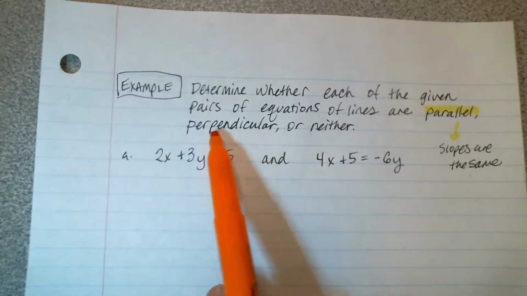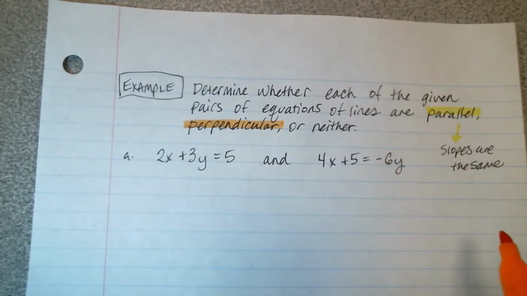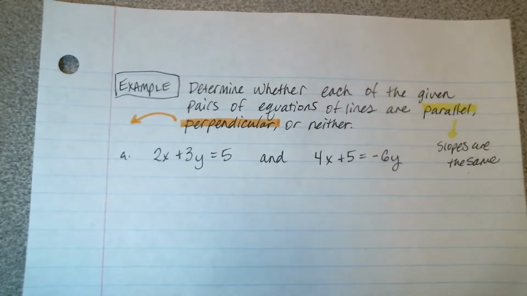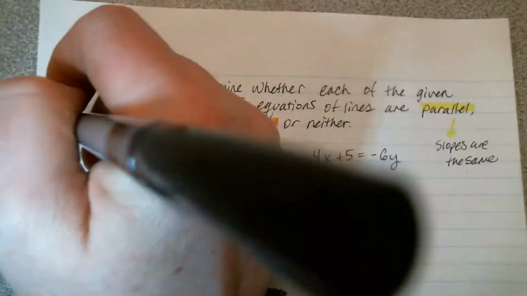Now, for two lines to be perpendicular, those two lines have to have somewhat opposite slope. And here's what I mean by opposite.